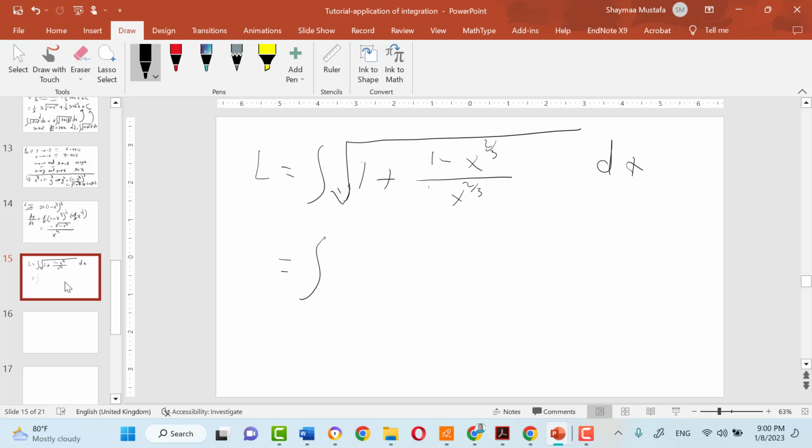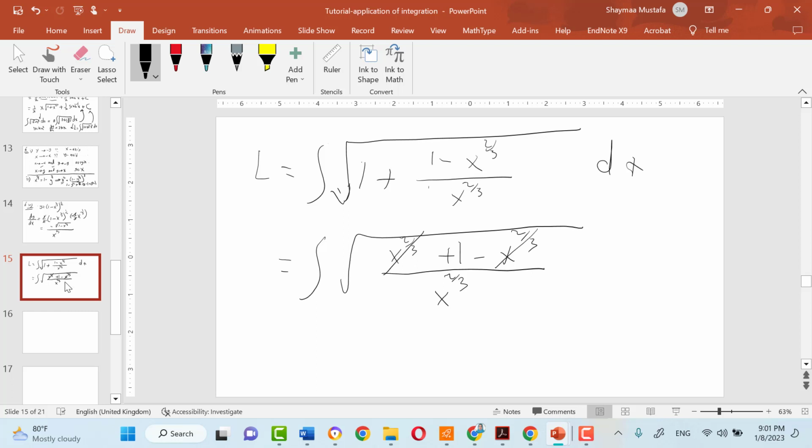Now we will use the same denominator, x to the power 2/3. So here x to the power 2/3 plus 1 minus x to the power 2/3. This one with this one will cancel each other.